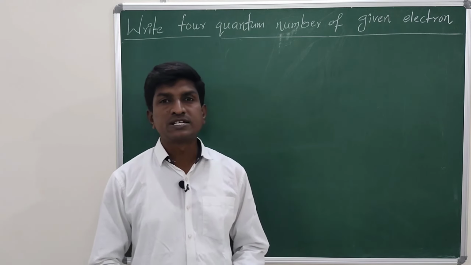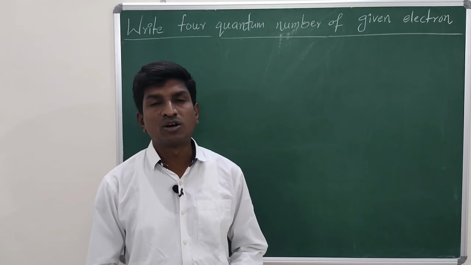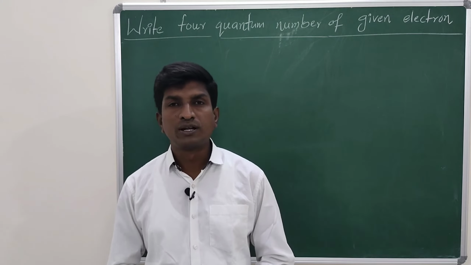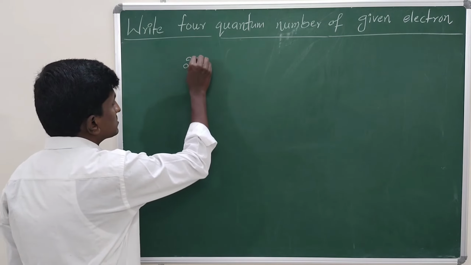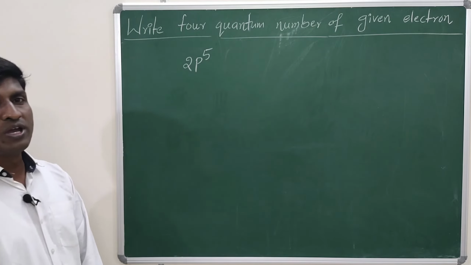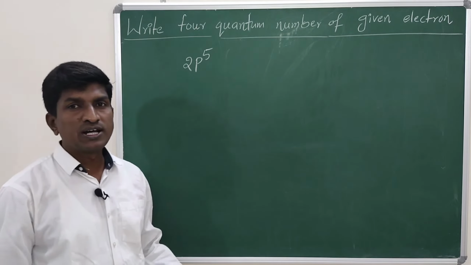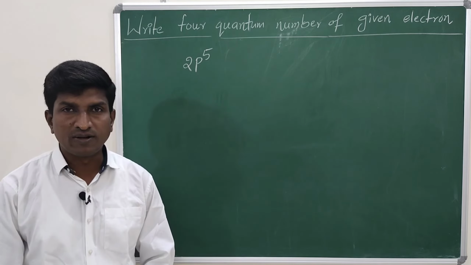First, let us discuss the fifth electron of the 2p orbital. Let us take this as the fifth electron of the 2p orbital. Then what are the four quantum numbers for this 2p5 electron?